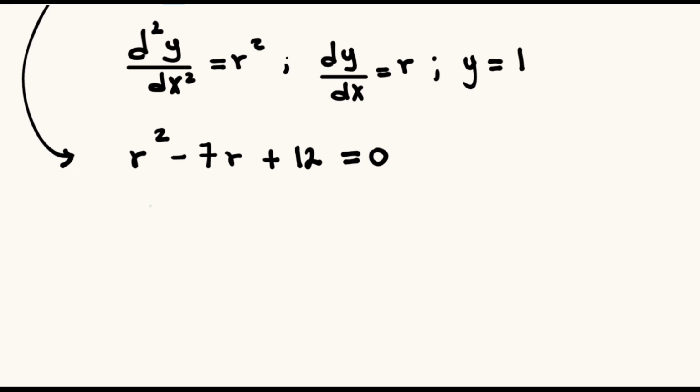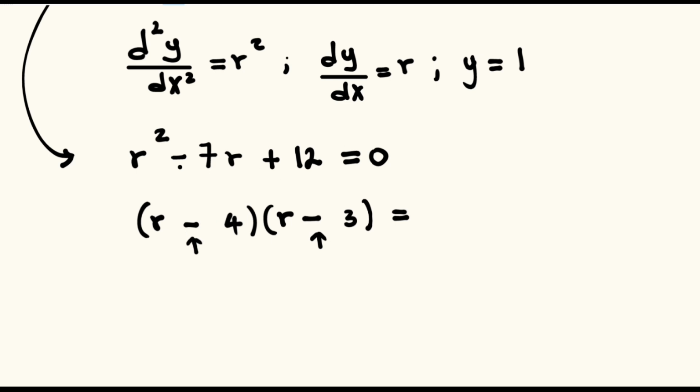We have to solve for r. So we factorize. The factors of that 12 will be 4 and 3. That negative, we drop it down, and the sign which we must have in here, when we multiply it with this sign, it must give us that positive.